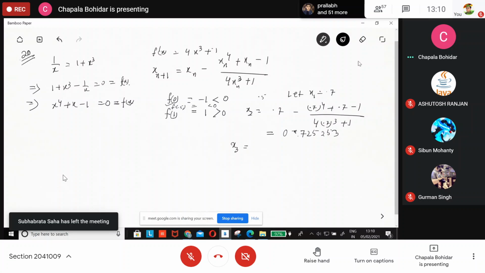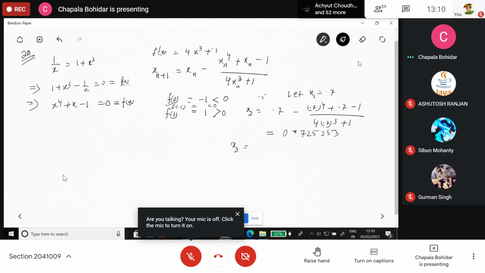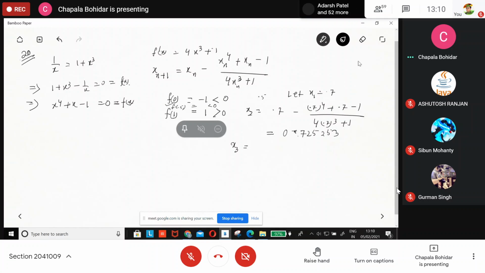x3. Find all values in radians. Ma'am, 0.724493, after rounding, 0.724 then 493.